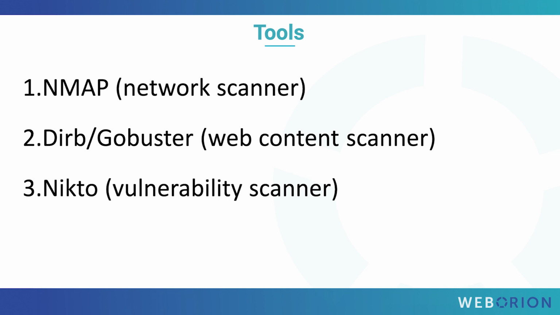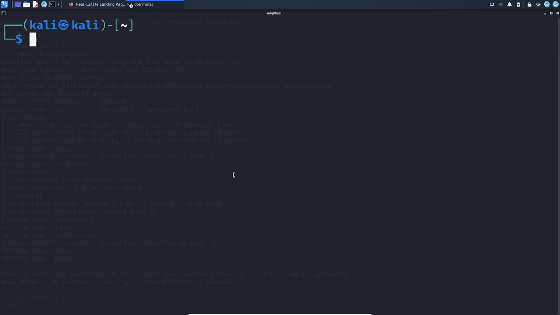So first off, we will start with NMAP because that's the most popular tool that people usually use. And let's see what we can find out from a domain or IP address that's given to you. So now we are at our Kali machine. This is an attacker machine where people usually use to enumerate web servers and IP addresses and so forth.